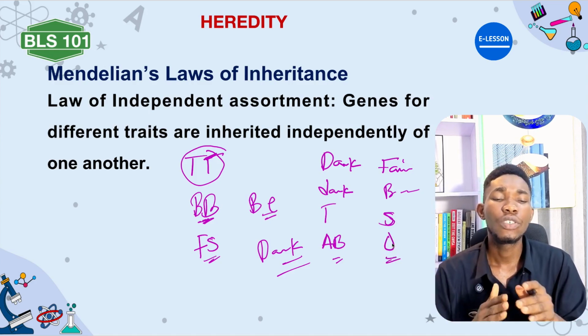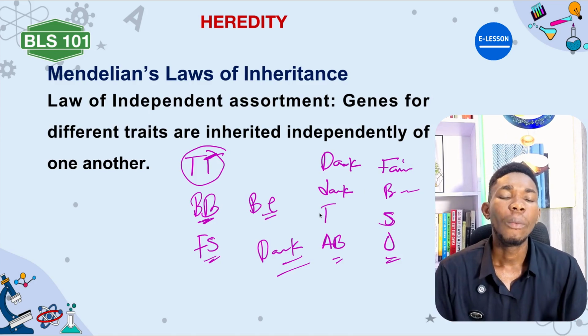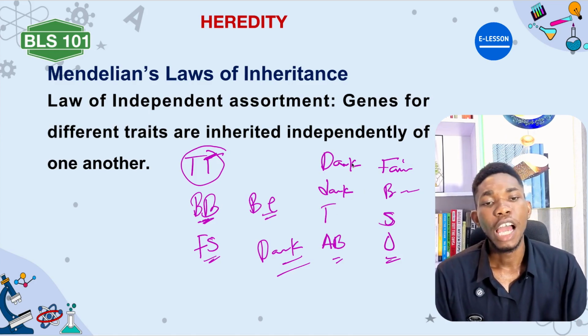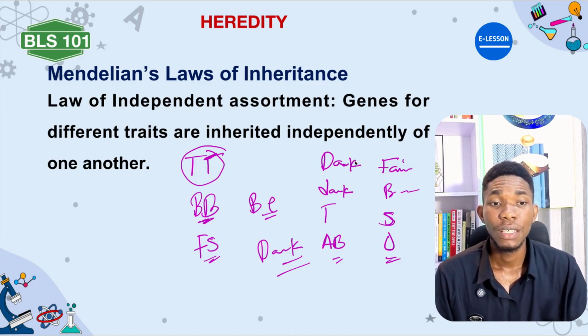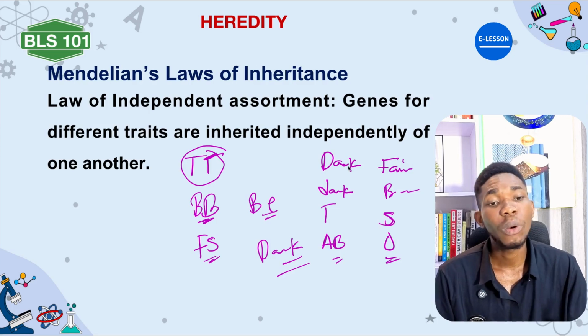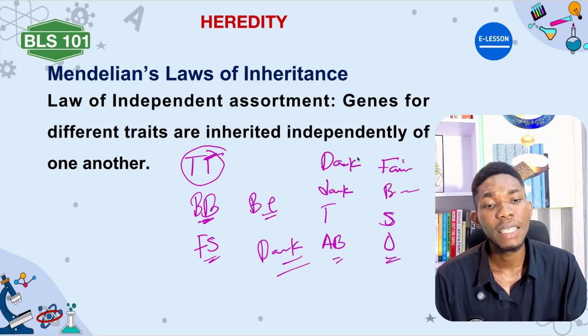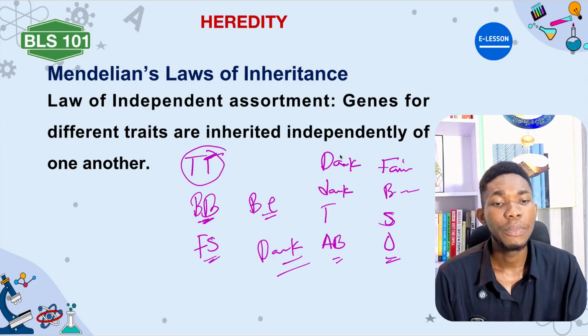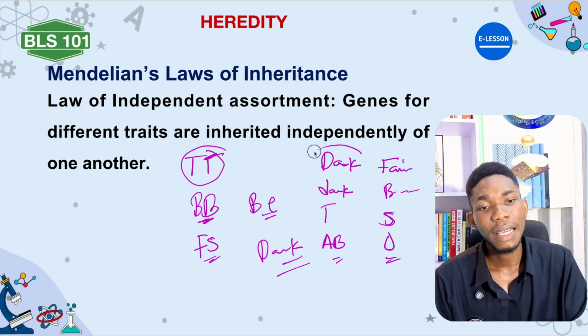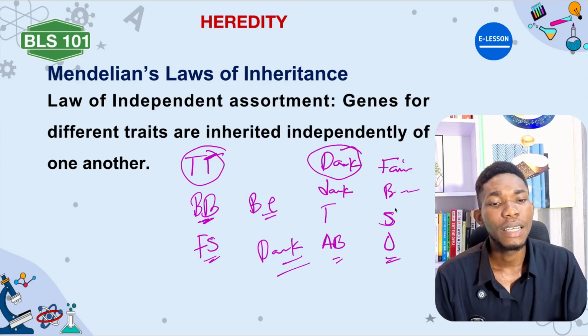Now, if these two people marry, what we are trying to tell you is that for genes, this one will bring, this one will bring. Say we collect darkness from mama, we will still collect dark hair, the tallness, and the blood group. As you collect the dark hair, at the end of the day, you might collect the gene for what? Shortness. And then blood group what?